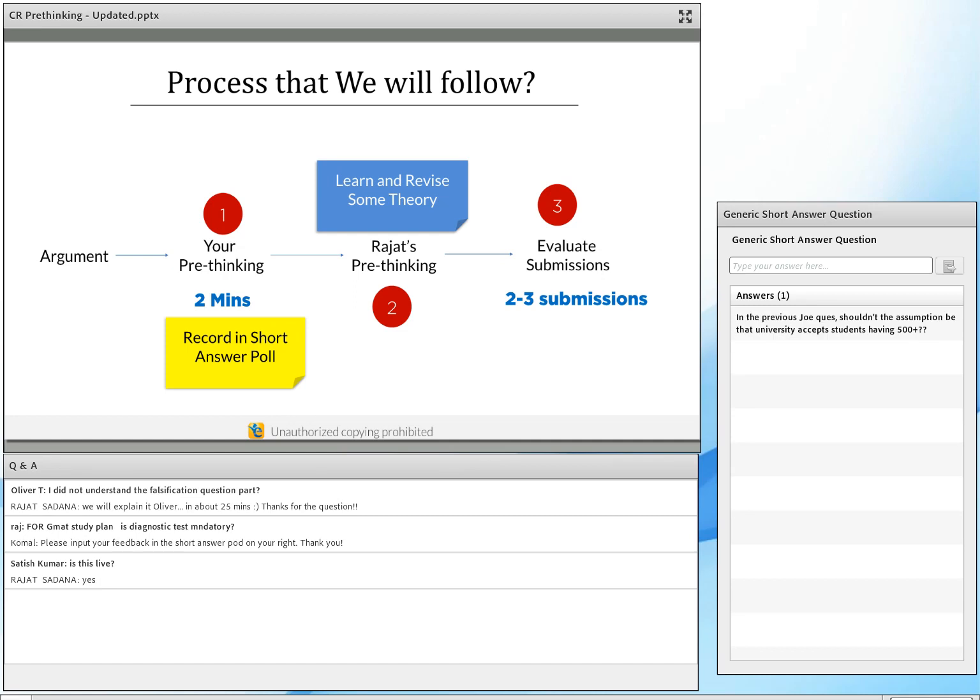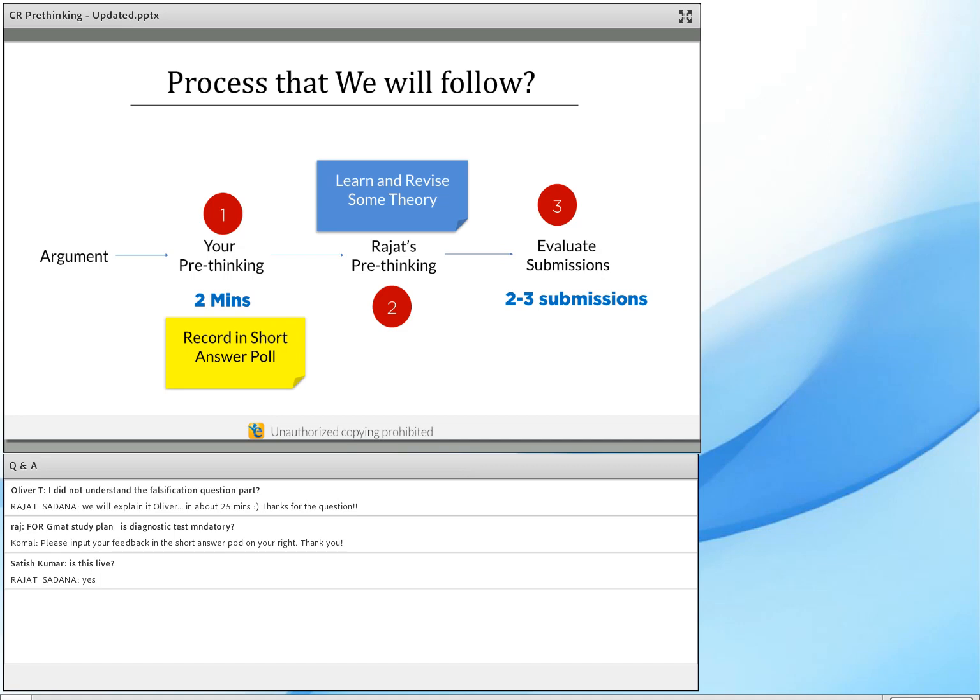Now, I want to ask one other question, which is, how many of you have connected to this webinar using a mobile broadband, which is also called a dongle in certain parts of the world?